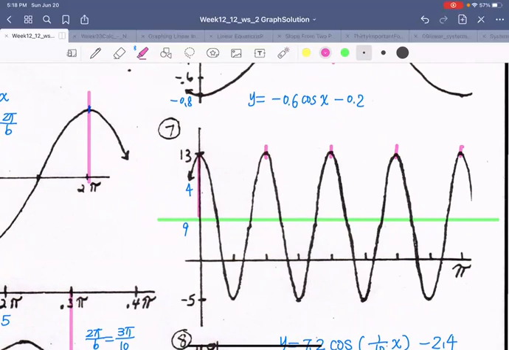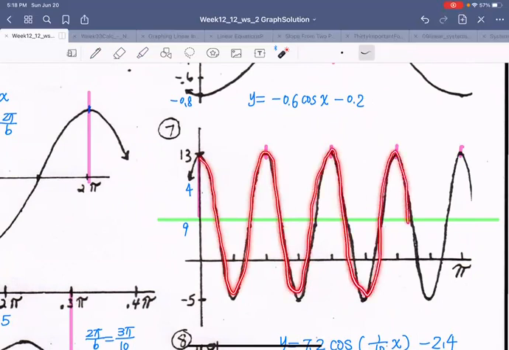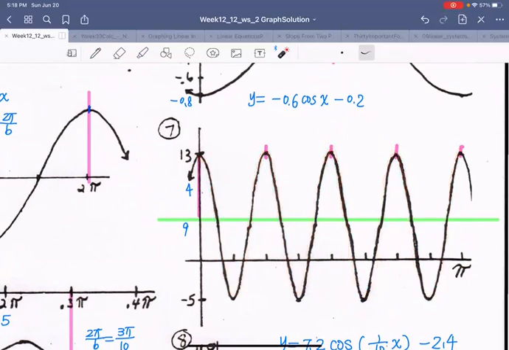Since there are 8 spots for pi, one of your periods is... Wait, hold on.